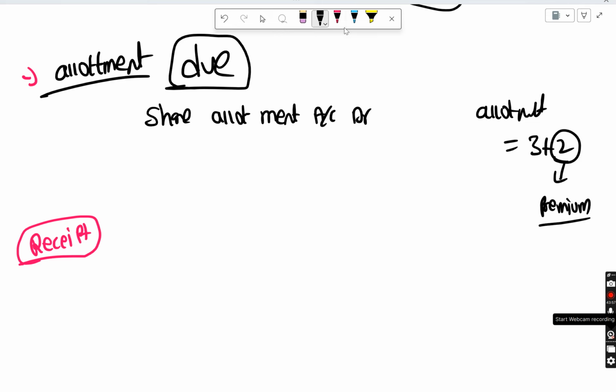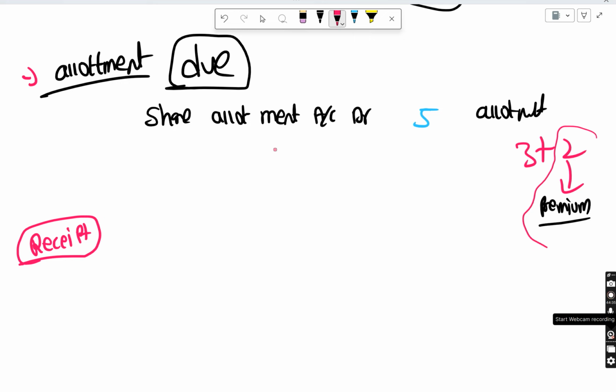Here itself, share allotment account debit to share capital. How much money? Share allotment account debit 5. Then share capital, how much? 5. See, that's the mistake here. We should not transfer the premium.